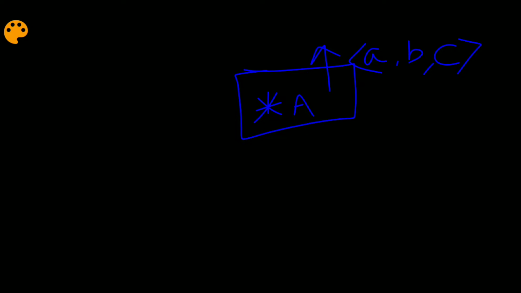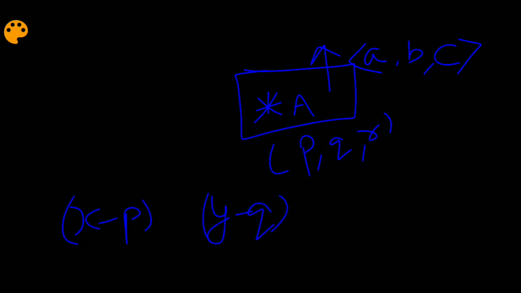Let us suppose point A, whose coordinates are, let us suppose, P, Q and R. Then the equation of this plane will be given by this equation: x minus p, y minus q, z minus r, and you have to multiply these by the direction ratios like this: A, plus B, plus C. Put this equal to 0.